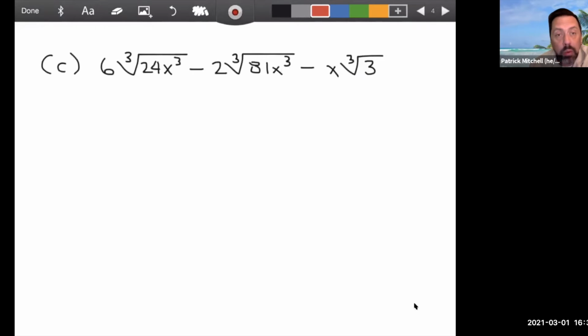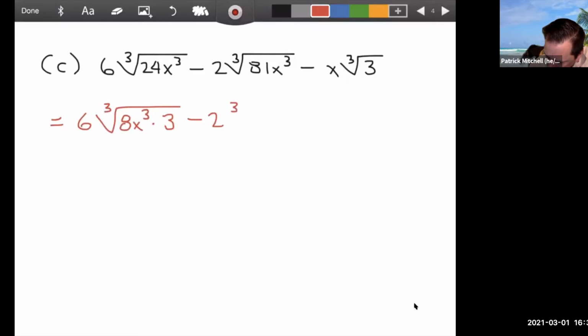Okay, here we go. The way that you simplify cube roots is you separate the perfect cubes from the leftovers. The perfect cube parts of 24x to the 3rd are 8 and x to the 3rd. Any power of x that is a multiple of 3 is going to be a perfect cube, which makes my leftover a 3.